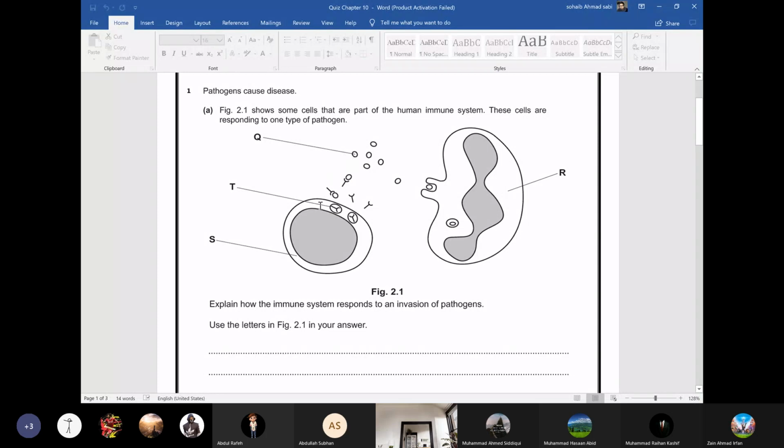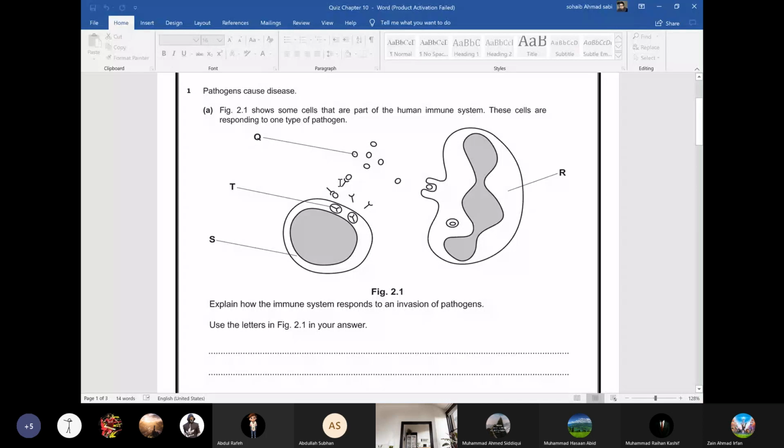Next thing you will say is that S is a lymphocyte. S lymphocyte recognizes the Q pathogen on the basis of its antigens. Then S lymphocyte produces T antibodies.